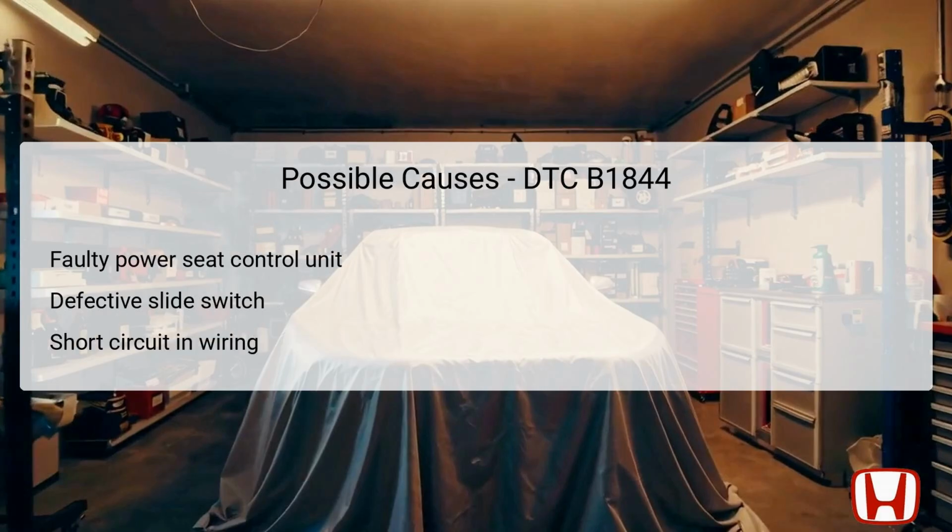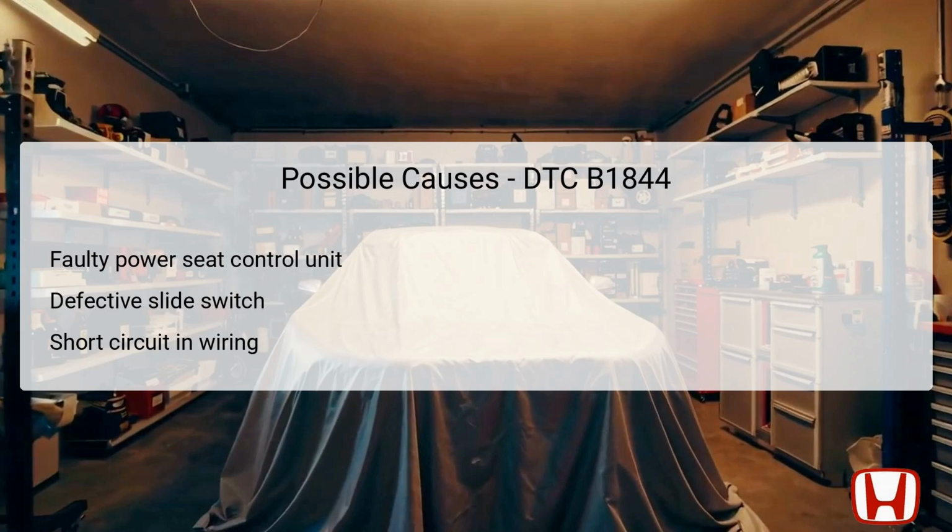Several potential causes can lead to the DTC B1844 being triggered. A faulty power seat control unit may fail to properly receive or transmit signals essential for power seat operations. This component's malfunction can arise from internal defects or aging. Additionally, a defective slide switch could prevent correct operational commands from being sent to the control unit.